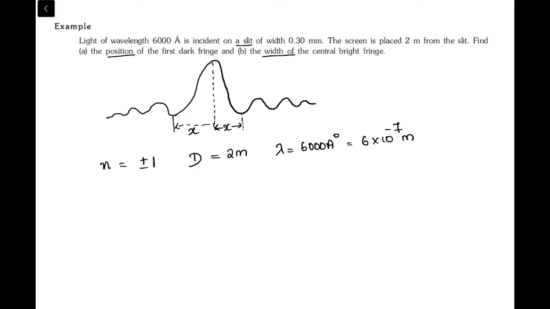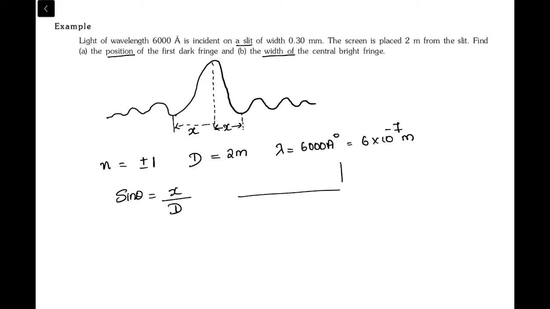Now, once you study diffraction, we know that sine theta is equal to x by D. Once you draw the entire figure of this diffraction pattern, inside you get a triangle, right? In that triangle there will be a theta. So sine theta will be equal to opposite side by adjacent side, and the opposite side is the position.